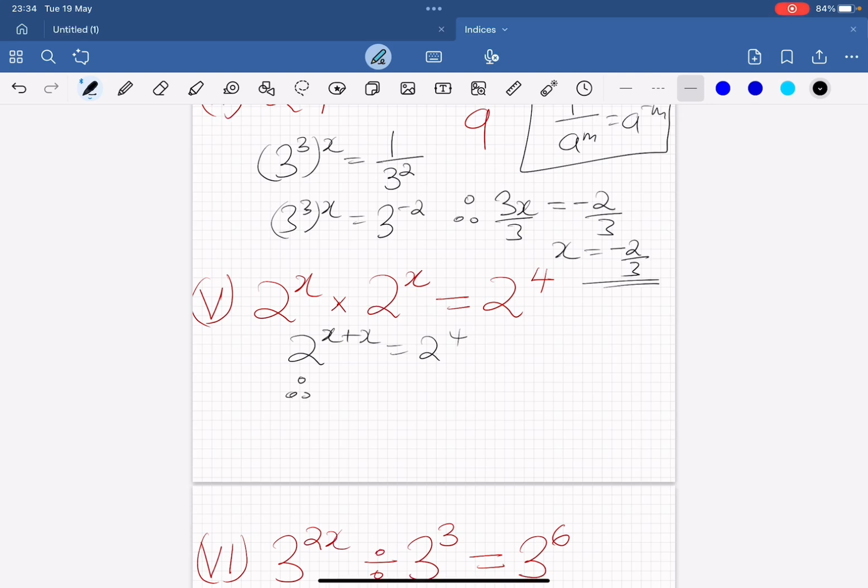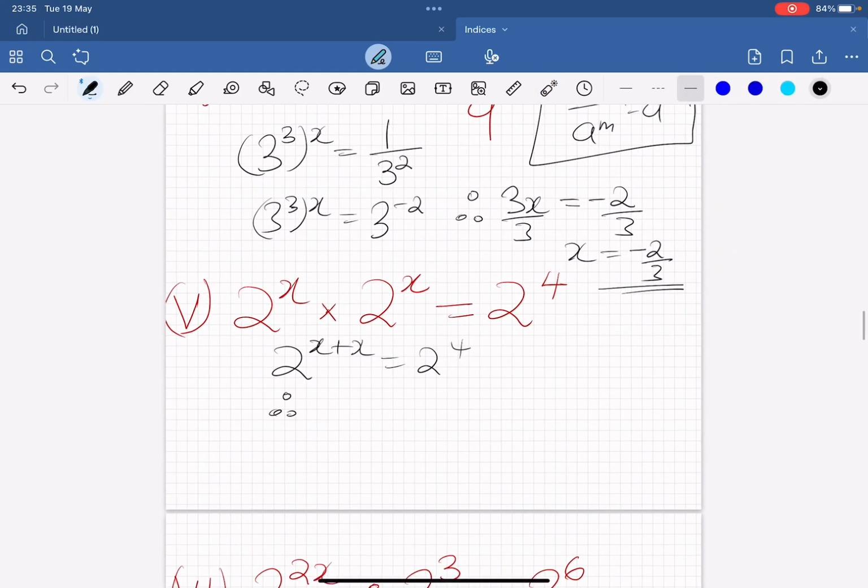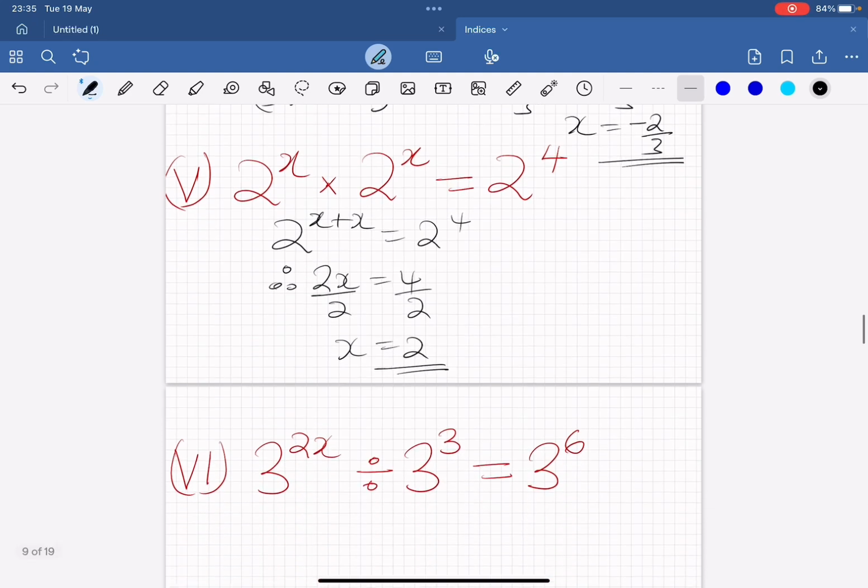This means that I can simply take the powers. x plus x is 2x, which is equal to 4. Divide out by 2 both sides. 4 over 2 is basically 2.